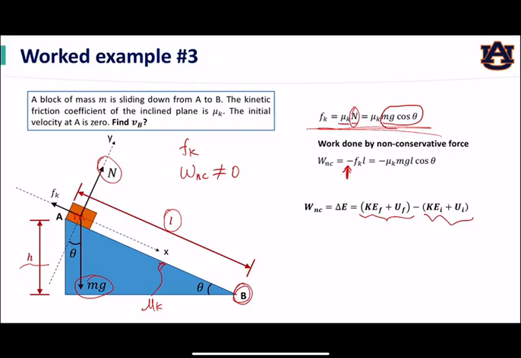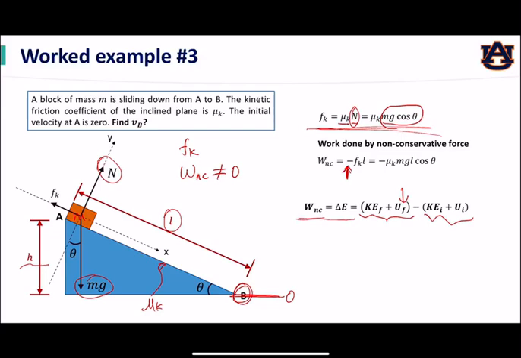Because here we need to define the gravitational potential energy, we need to set a reference point. So for simplicity, let's just set the ground as our zero point of gravitational potential. So now we can write down each term in this equation.